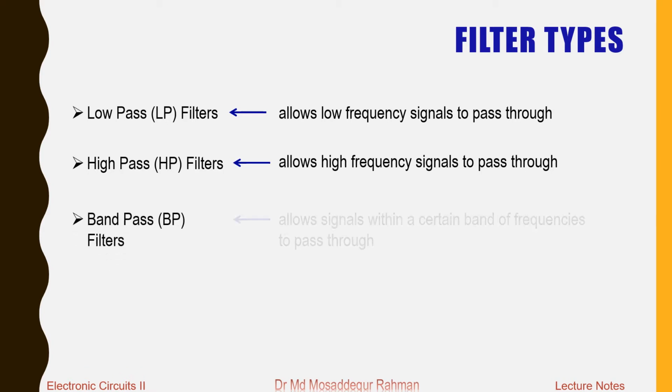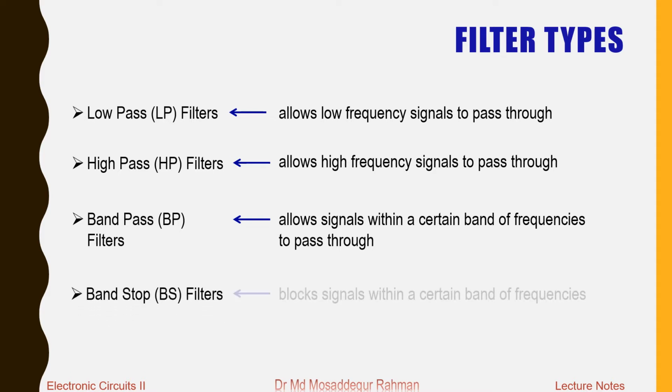And then we have the band pass filter, denoted by BP, that will allow a certain band of frequencies to pass through. If you are outside that band, it will block those frequencies. Then opposite to that, we have band stop filters that will stop a certain band of frequencies.